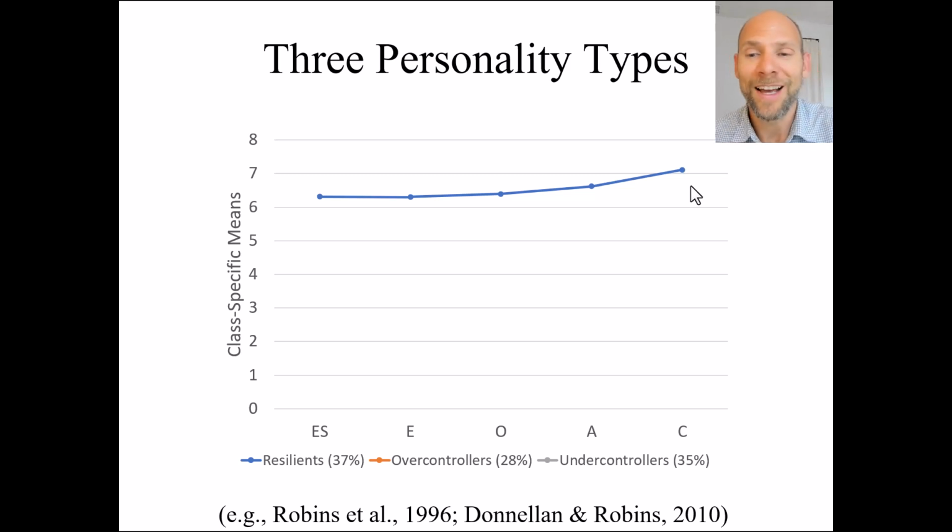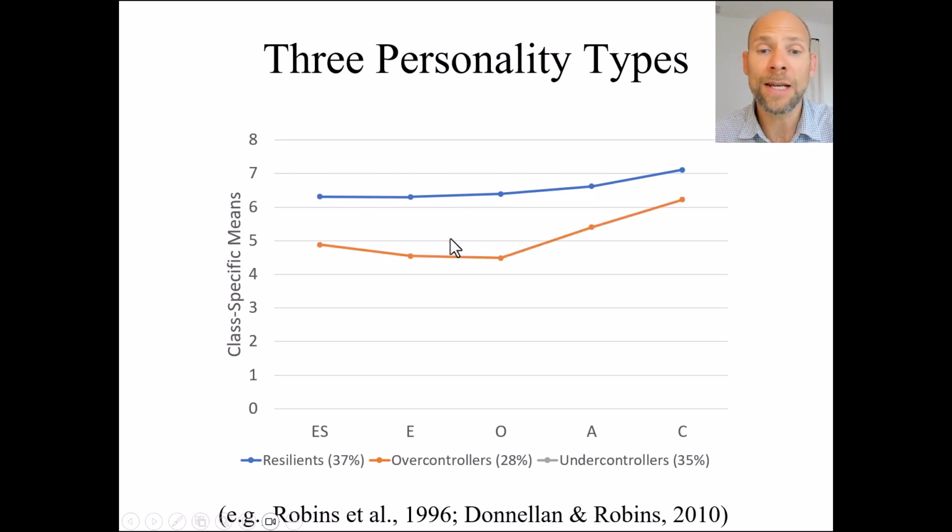That's a desirable group. We have desirable personality characteristics that are supposed to be healthy and useful. And in this sample, it was estimated that there are 37% who fall into this category with averages that are high across all big 5 traits.